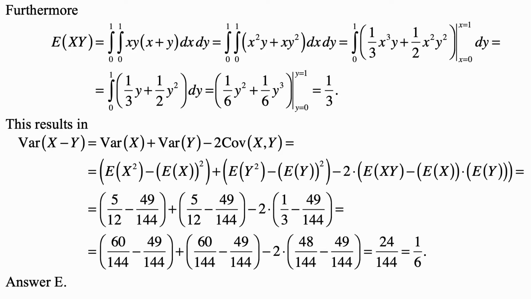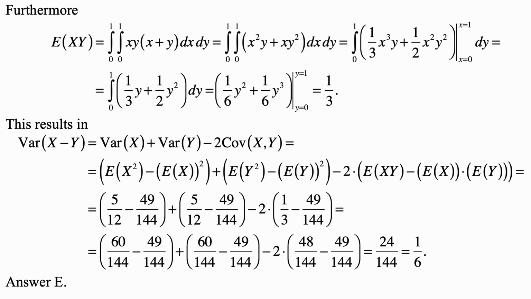And we are looking for the variance of X minus Y. Well, that's equal to the variance of X plus the variance of Y minus 2 times the covariance of X and Y. The variance of X is E of X squared minus the mean of X squared, the variance of Y is E of Y squared minus the mean of Y squared, minus 2 times the covariance, which is E of XY minus E of X times E of Y. And we calculated all these values, so we just plug them in.